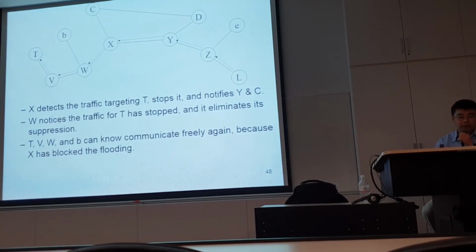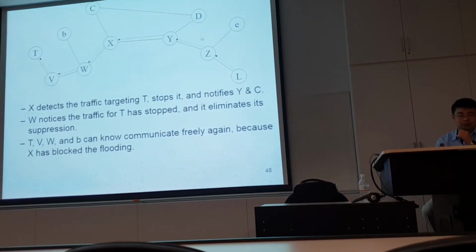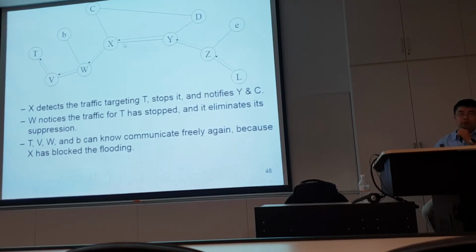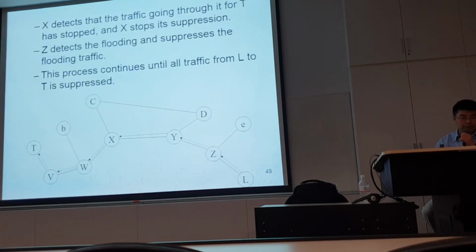Eventually we reach the last hop, which can also stop the traffic, and then the rest of the system can communicate. So eventually we can recover the system hop by hop. This is how this protocol works.